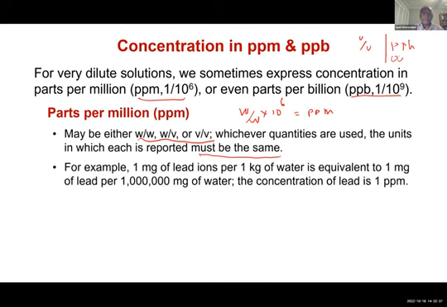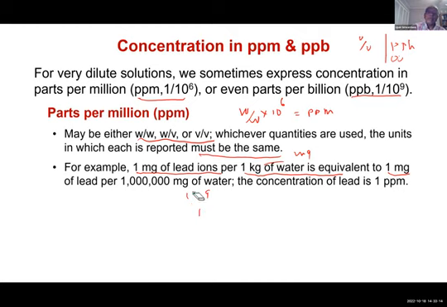For example, if you dissolve 1 milligram of lead in 1 kilogram of water, you have to convert the kilogram to milligrams, so the units are the same. You cannot have different units. So that means 1 milligram in 10 to the 9 milligrams, that is 1 ppm.